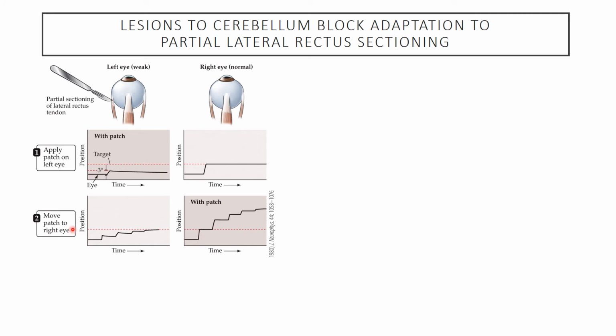But it's the left eye that's now running the show here. And because that tendon is weak, the signal is insufficient. And then the eye needs to catch up. So it does these catch-up saccades where it's trying to get to the target, and eventually it does it enough times where now it's really pulling on that lateral rectus, and it's now at this position.